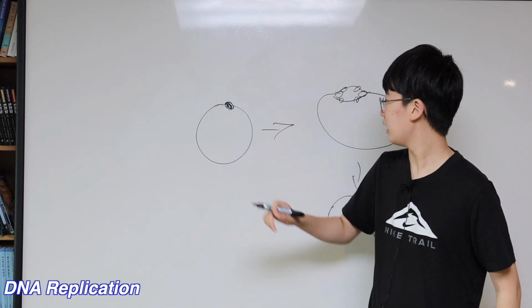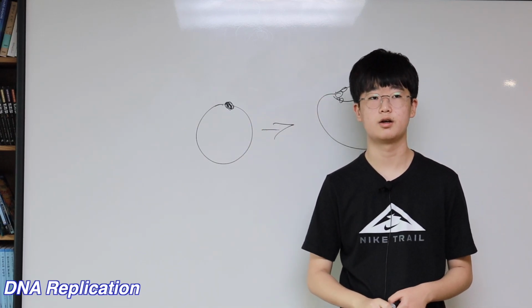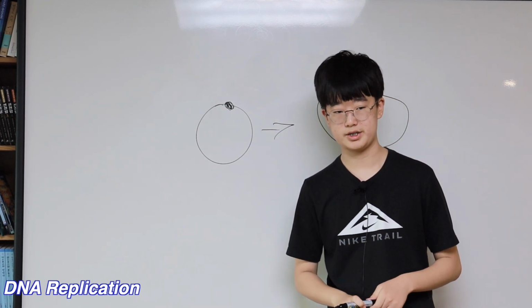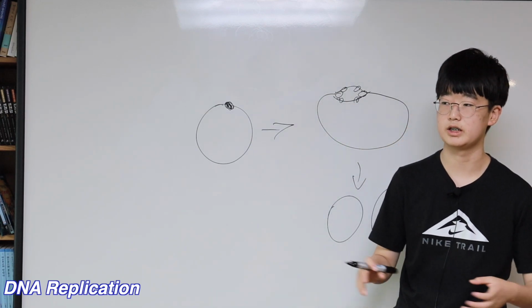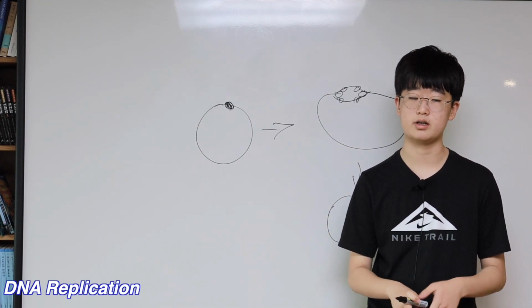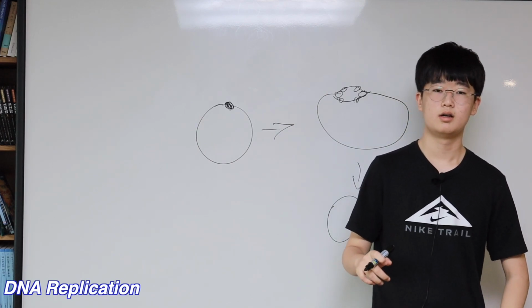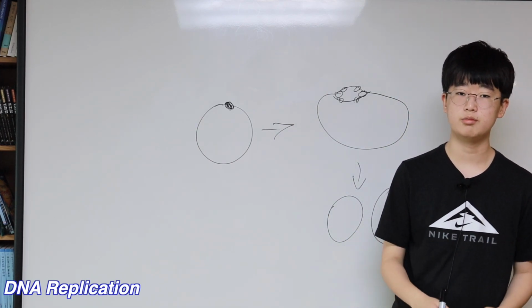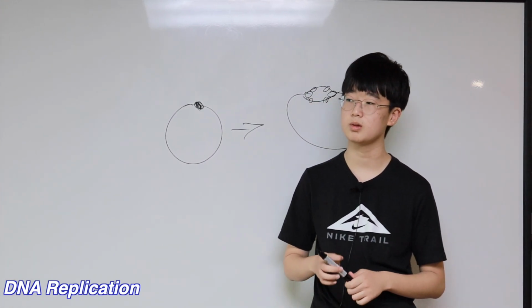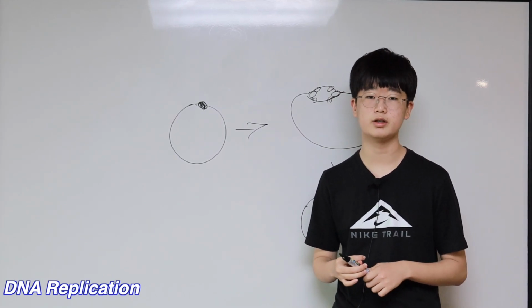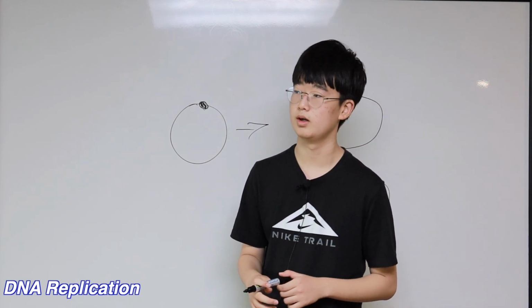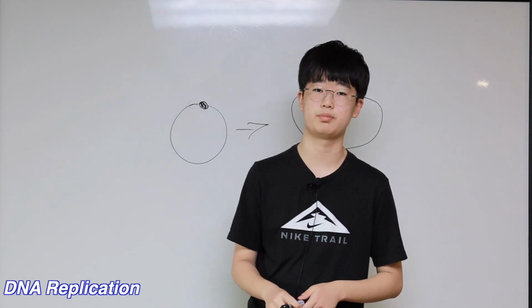Even E. coli, with only one ORI, takes about 30 minutes to replicate its DNA, the genetic material. We are much more complicated. If we were to replicate just one chromosome that way, it would take maybe multiple months to complete.